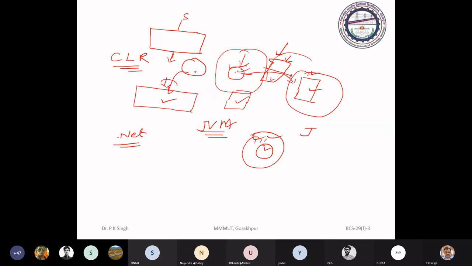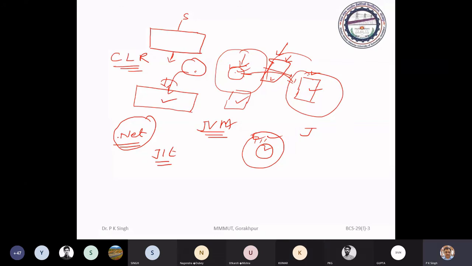And then this .NET, again it is a virtual environment. In this we have JIT, just in time compiler, that does the translation of common language runtime into native code of the machine.